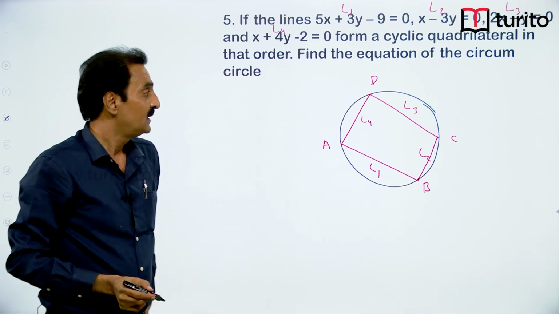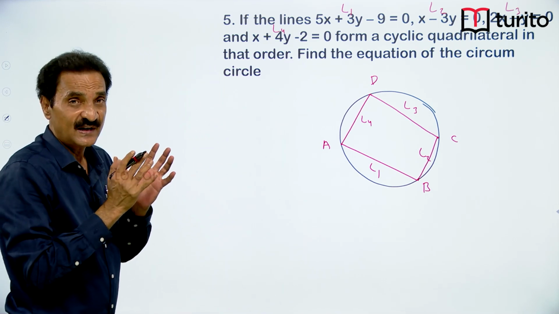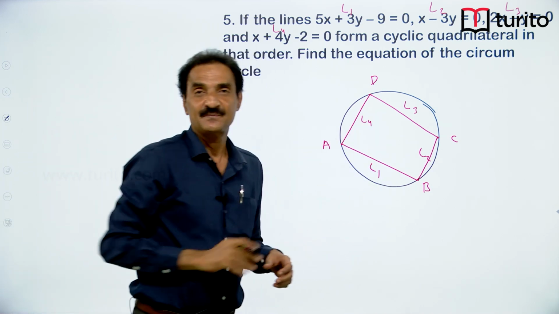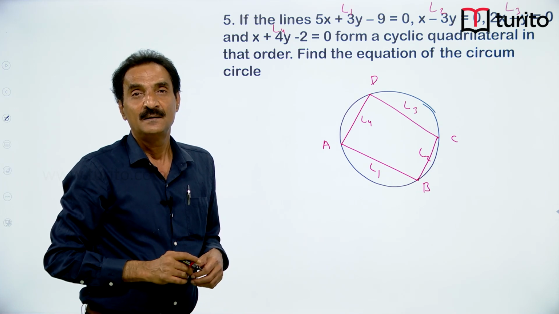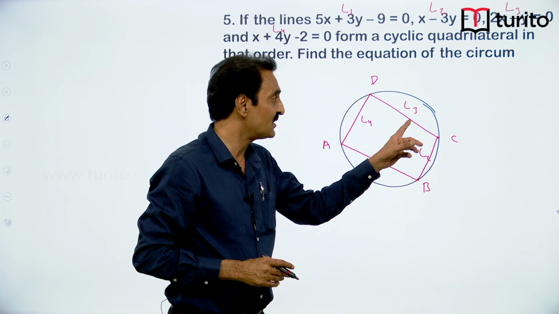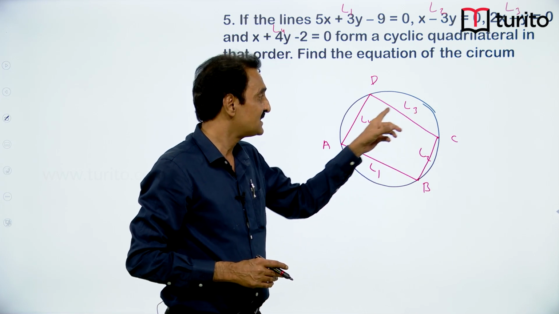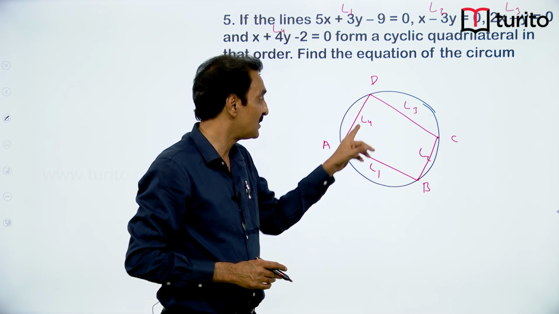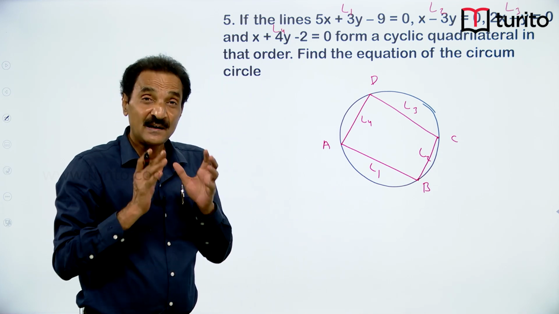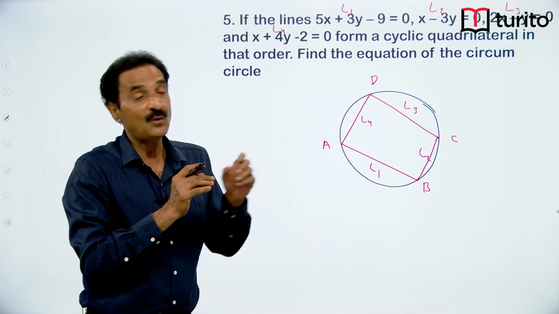Now, we have to form a second degree equation containing all 4 equations. Does it mean that we should take L1, L2 plus something constant into L2, L3 plus some constant into L3, L4 plus some constant into L4, L1, something like that? No. That curve should pass through all 4 points, no?